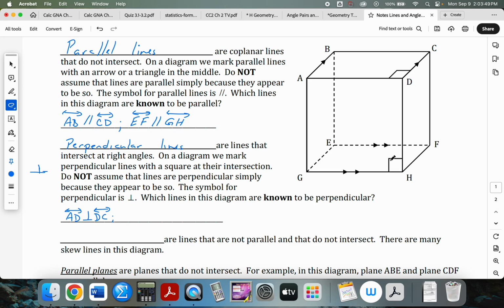And then we've got another square here. That's line GH meeting line DH. Line GH is perpendicular to line DH. There are some other lines that look like they're perpendicular, but again, we can't just assume that they are.